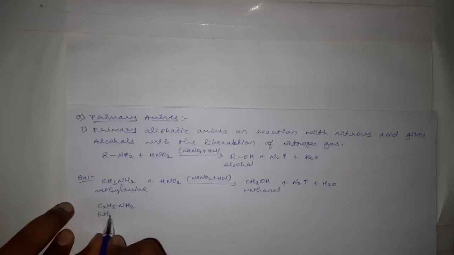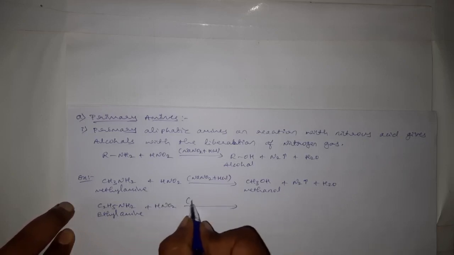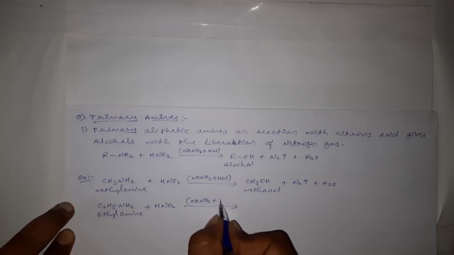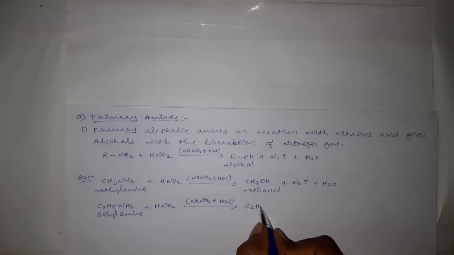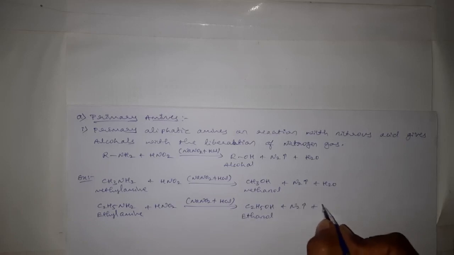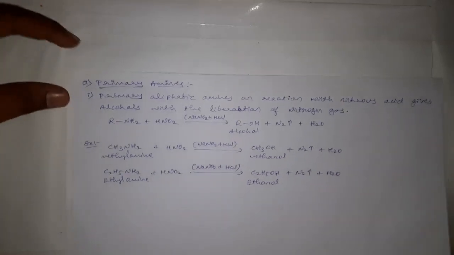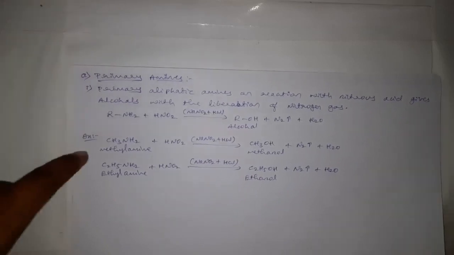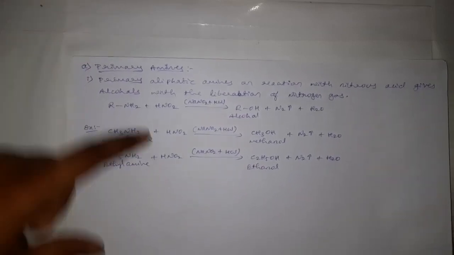This is ethylamine. When it is treated with a mixture of sodium nitrite and hydrochloric acid, it will give C2H5OH, ethanol, along with the liberation of N2 gas and a molecule of water. These are the examples for the reaction of primary aliphatic amines with nitrous acid.